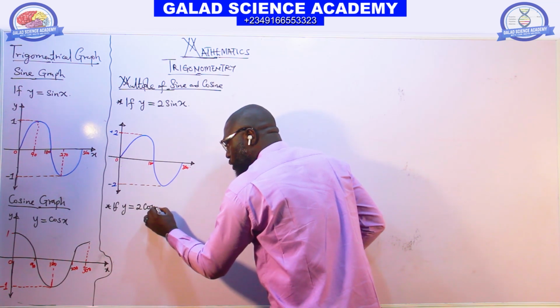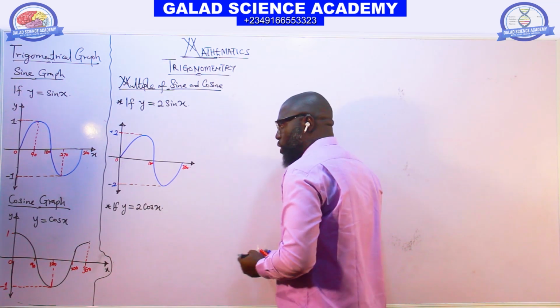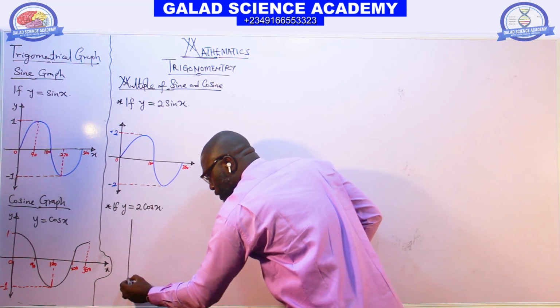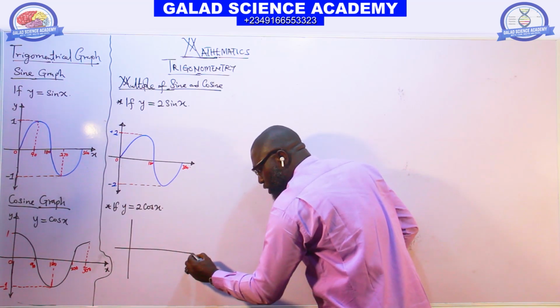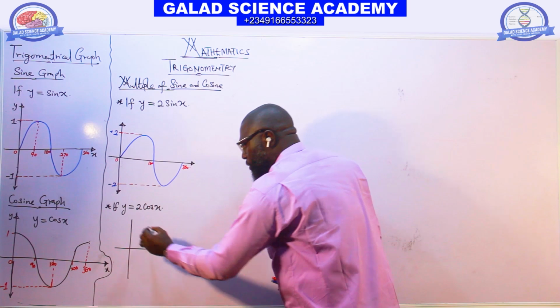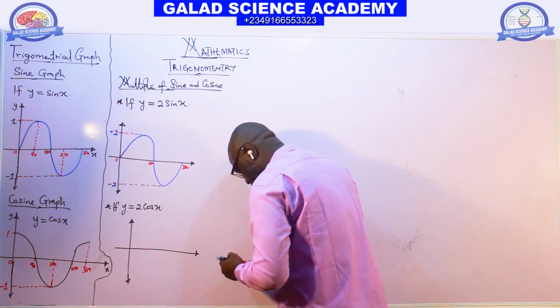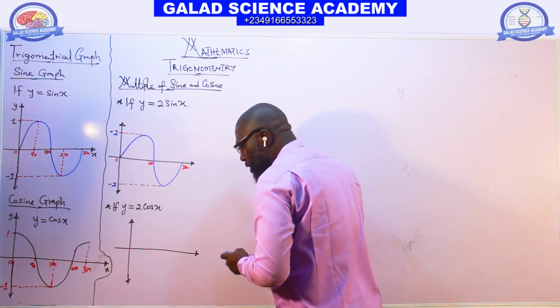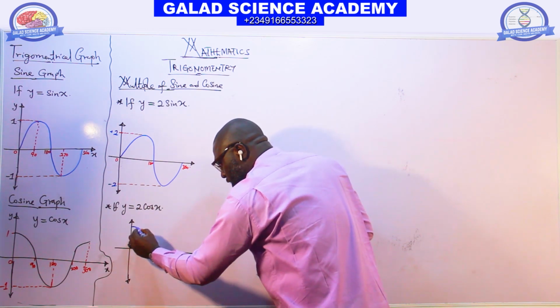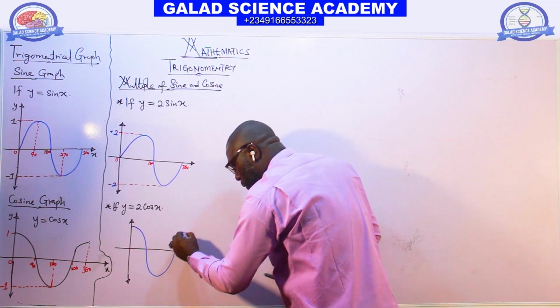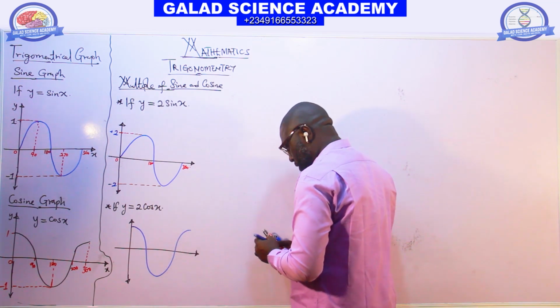But in case we are given y equal to 2 cos x, what will be the nature of the graph? The nature of the graph for such an equation will be in this form. You know that cos always comes from up like this.